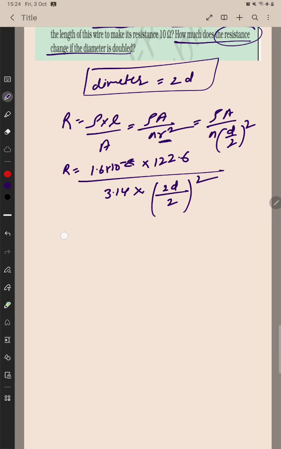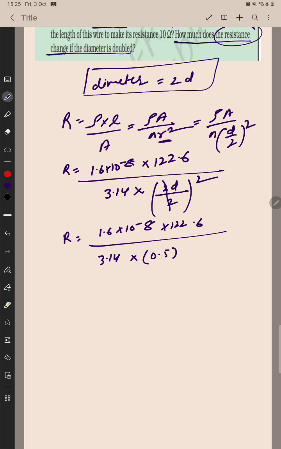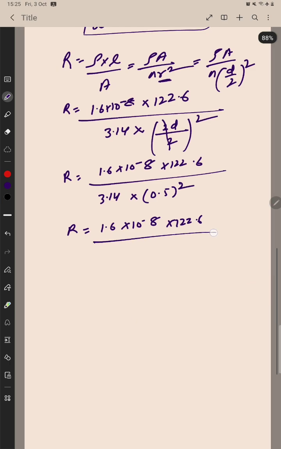So now R is equal to 1.6 into 10 power minus 8 multiplied by 122.6 divided by 3.14 multiplied by, what will be there, students? This 2 cancels out, absolutely cancelling. So the 0.5 will become squared. So R is equal to 1.6 into 10 power minus 8 multiplied by 122.6 divided by 3.14 multiplied by 0.5 multiplied by 0.5.